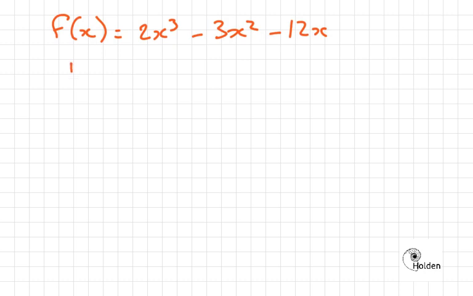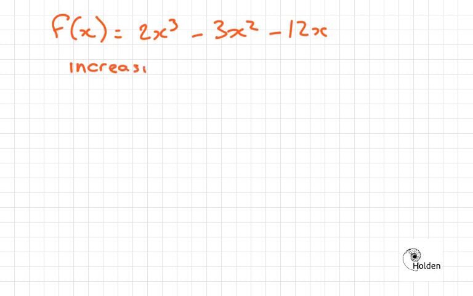So our function f of x equals 2x cubed minus 3x squared minus 12x. We know it had a positive gradient, okay, so it was increasing.